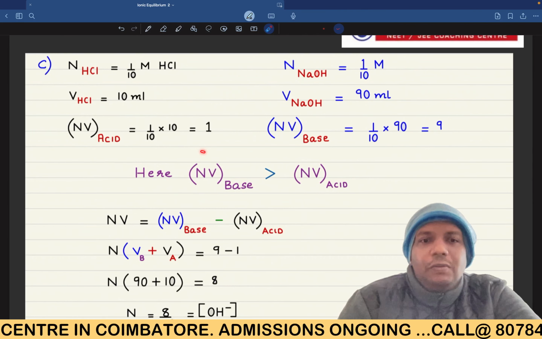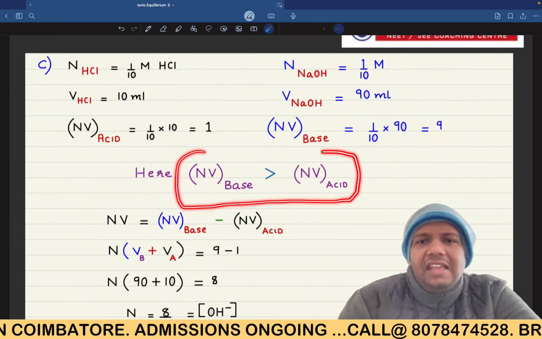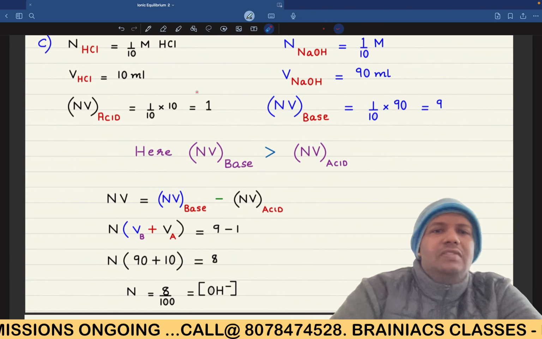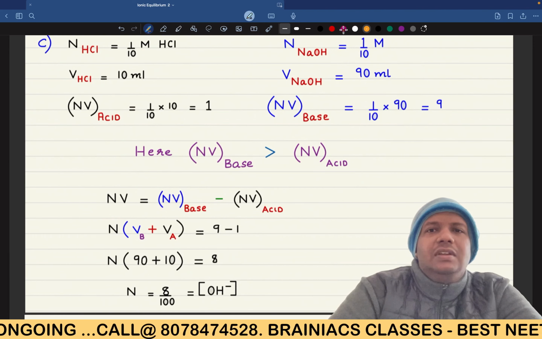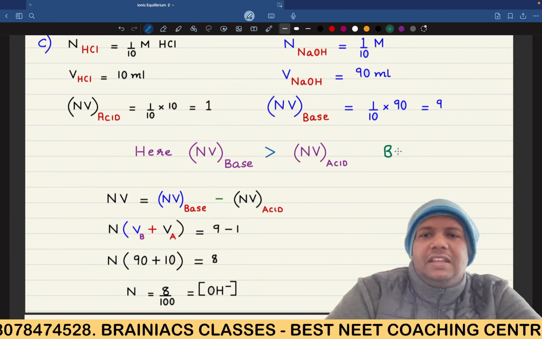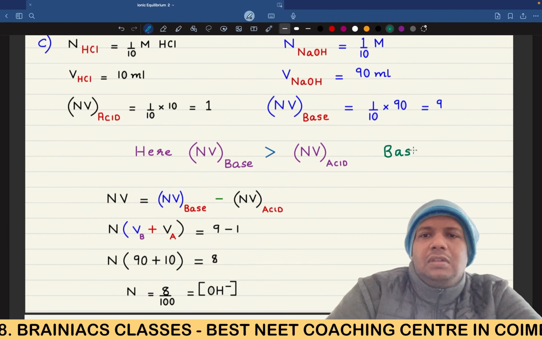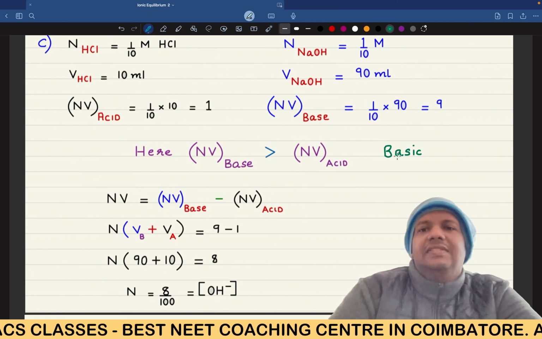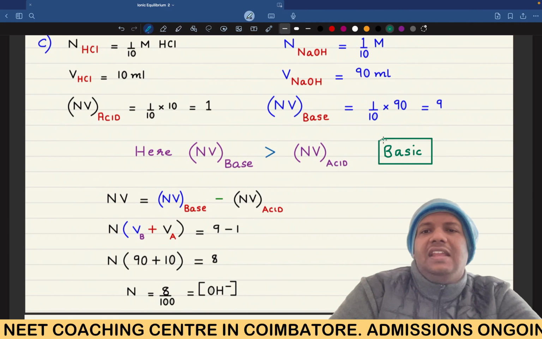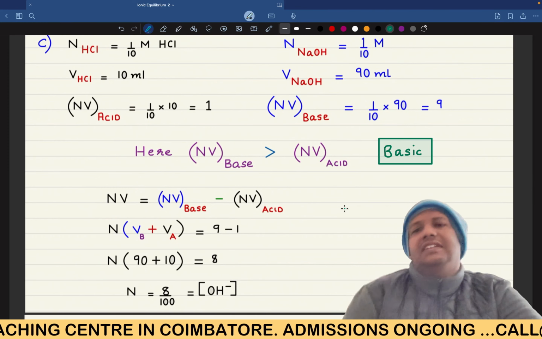And I can say NV of the base is greater than NV of the acid. So this solution would surely be what, sir? If the base is greater, you need to write that. I can clearly say this solution would be basic in nature, no doubt. Why? Because NV of the base is greater than NV of the acid.